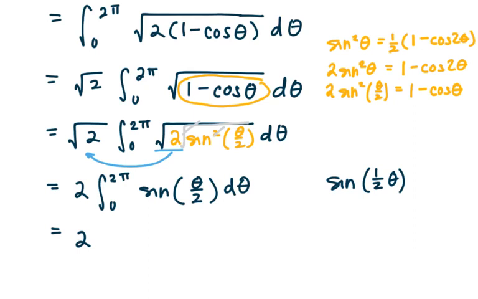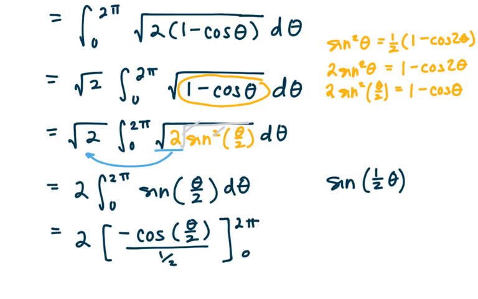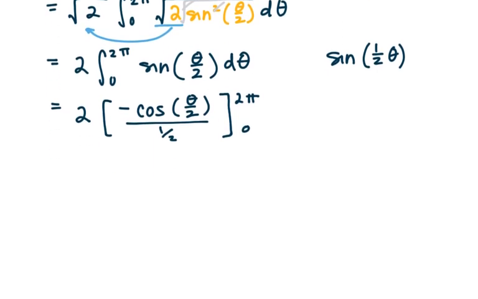So this becomes 2, and I have the integral of sine is negative cosine theta over 2 divided by 1/2 from 0 to 2 pi. So this is negative 4 cosine of theta over 2 evaluated from 0 to 2 pi.